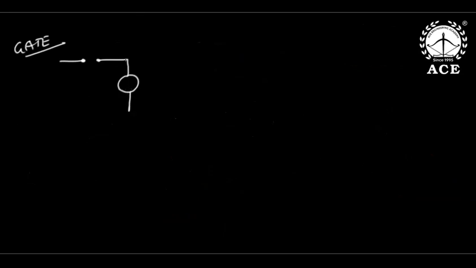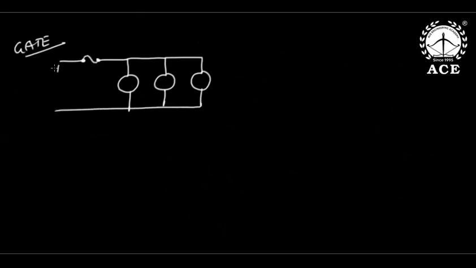There are three types of bulbs of different ratings here, and this is a 12 volt supply. This is bulb type A, this is bulb type B, this is bulb type C, and this is a 15 ampere fuse.